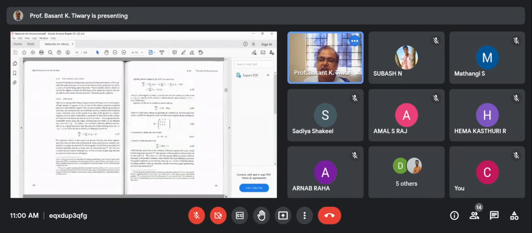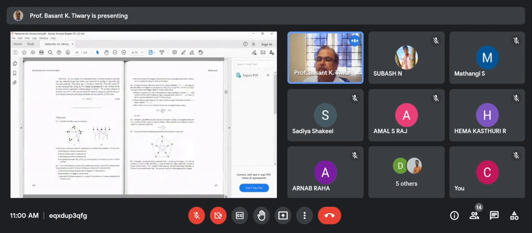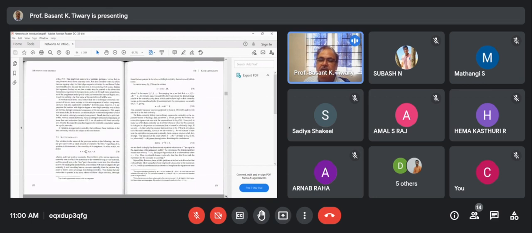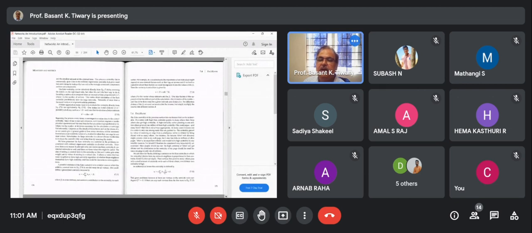Everything is nicely explained. So you can read this, and you can also read the different measures like degree centrality. You know there are different types of centrality measures. One is degree centrality, which is the simplest one. Then there is a centrality called eigenvector centrality, which is based on eigenvector values. And you also have other centralities like Katz centrality, which is not so important.